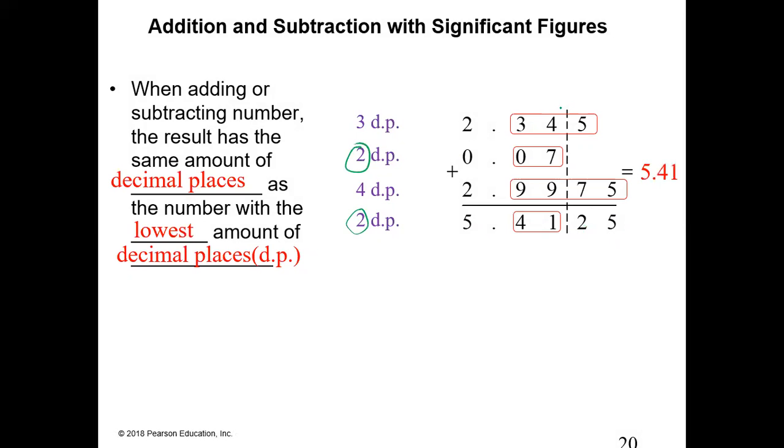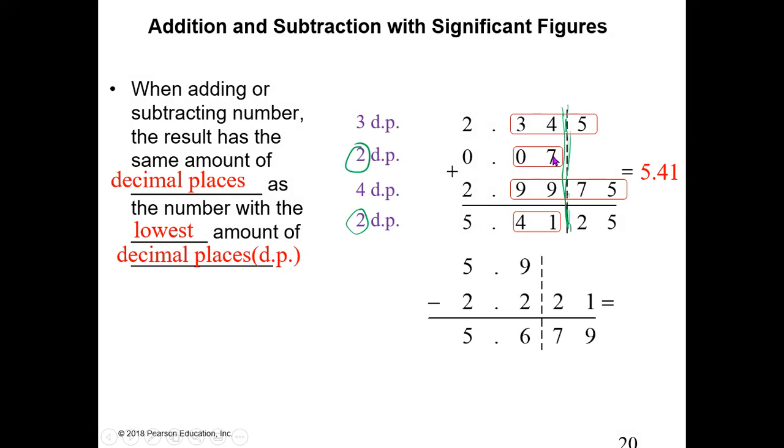And this line just tells you another way to see how you're cutting, how you're rounding off, by drawing the line that is right next to the number that has the lowest number of decimal places.